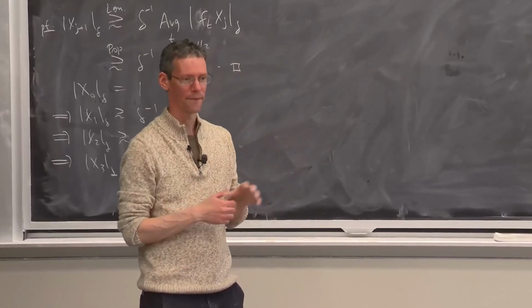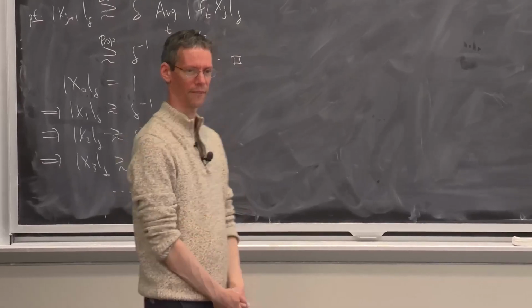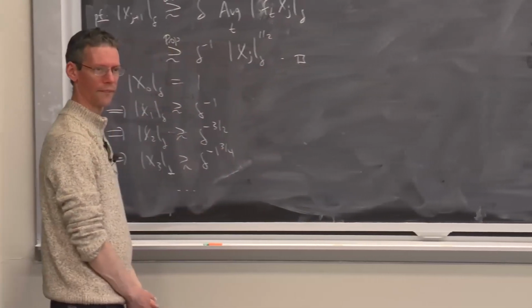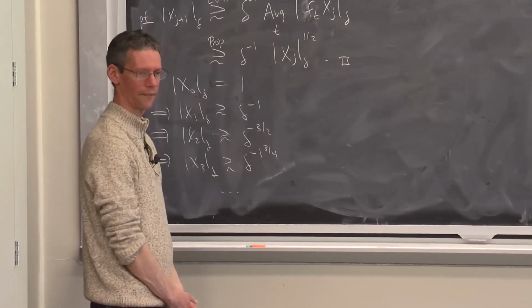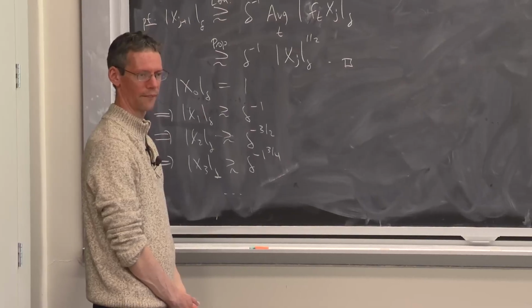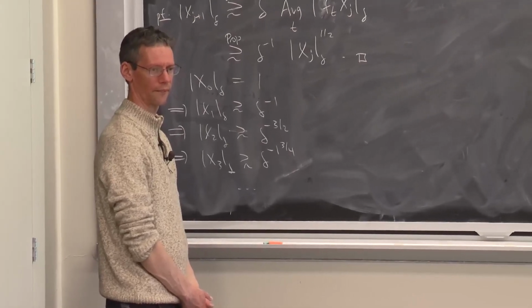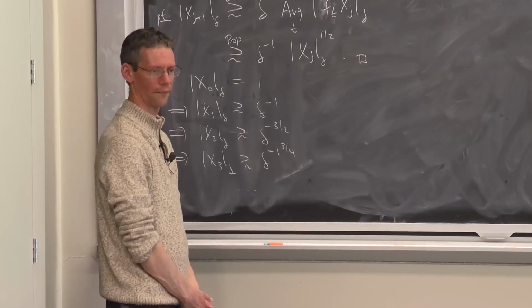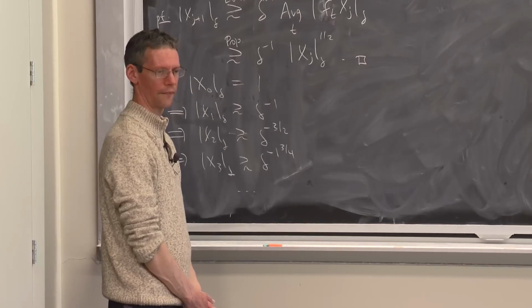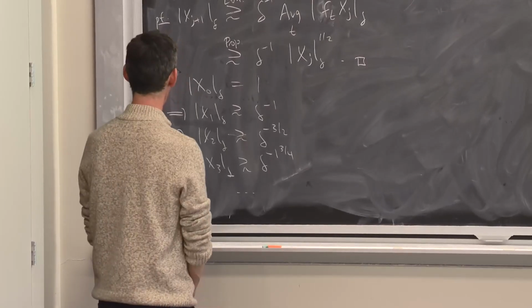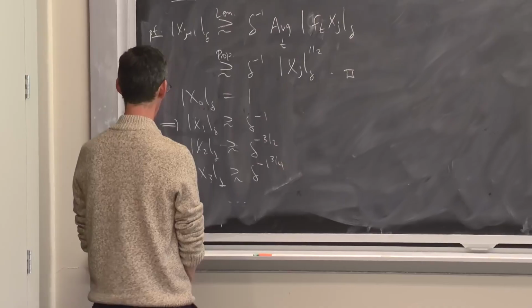Yeah? In this proof, since applying it each time loses some sort of implicit constant, how do we know that it's not becoming dense in just an infinitesimally small region of this whole space? Right.